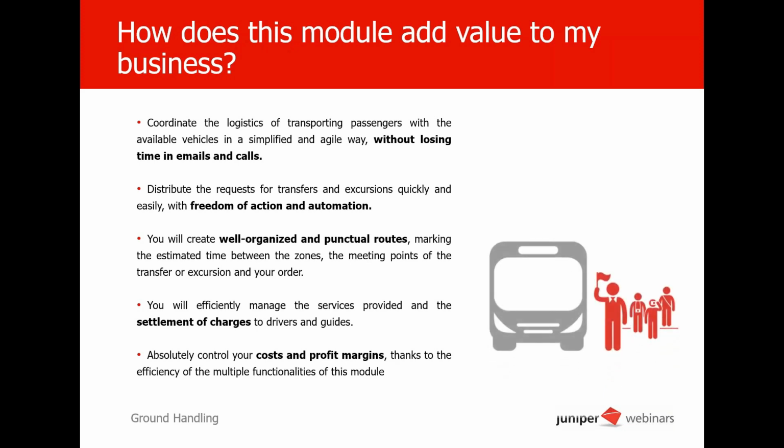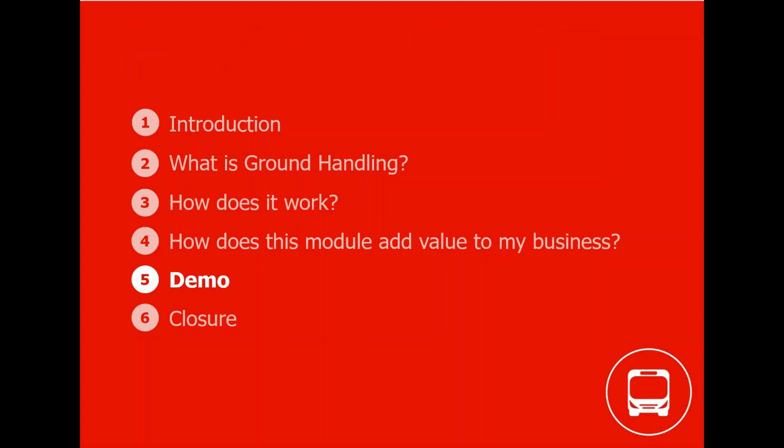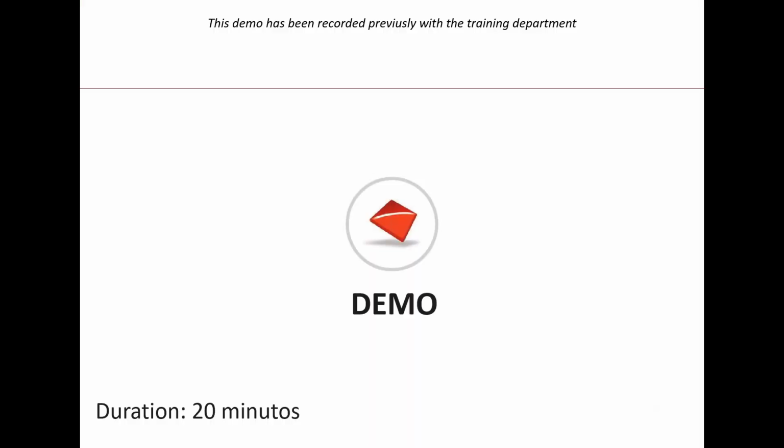You will create well-organized and punctual routes, marking the estimated time between the zones, the meeting points of the transfer or excursion and your order. You will efficiently manage the service provided and the settlement of charges to drivers and guides. Absolute control of your cost-profit margins thanks to the efficiency of the multiple functionalities of this module.